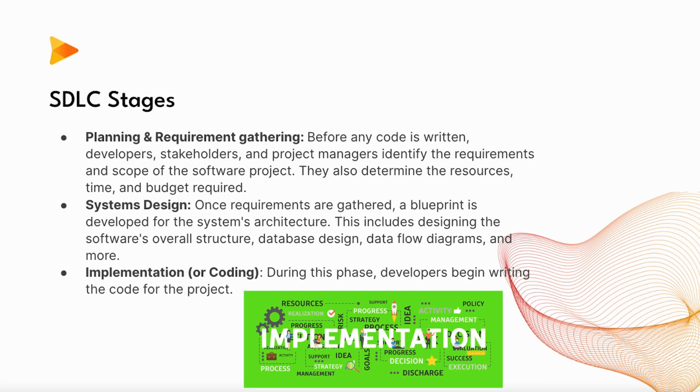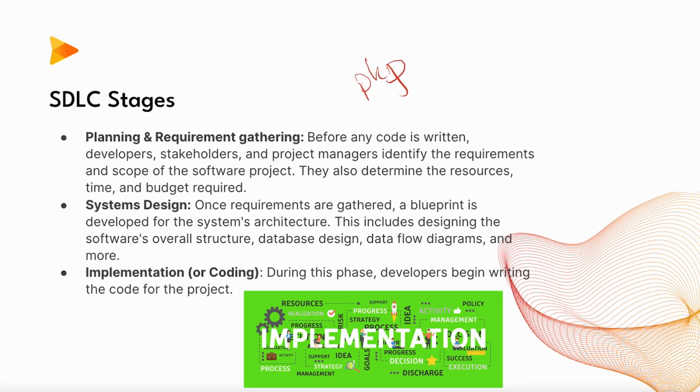This is where developers will start writing the code for this application. They may write the code in any language of their choice, or most importantly, in the language that was recommended in the first stage, the planning stage.